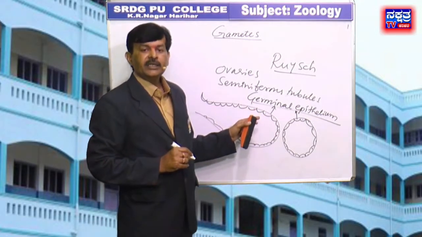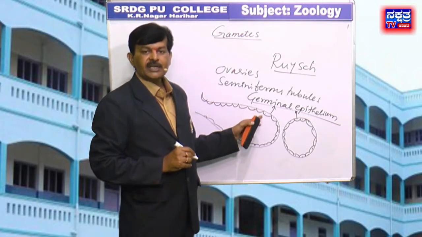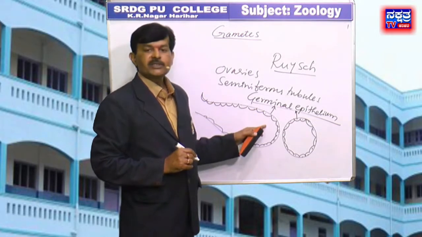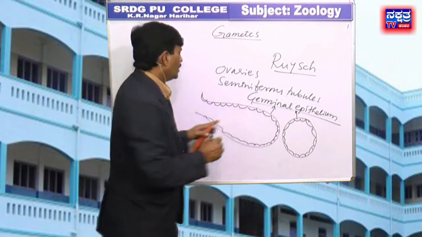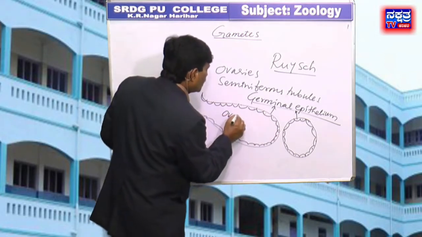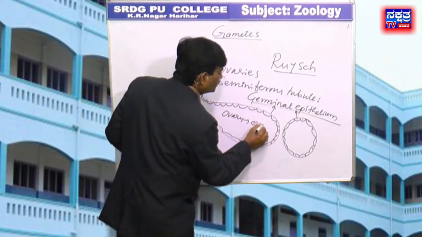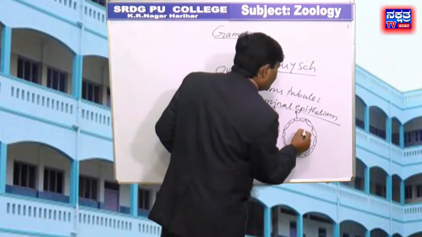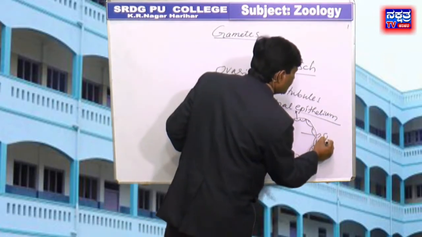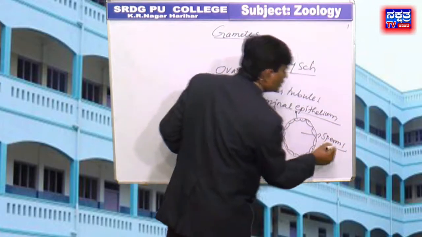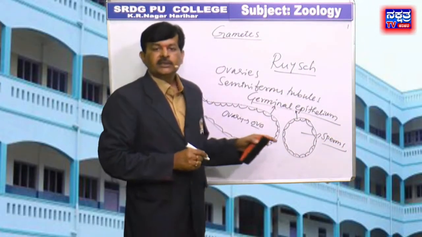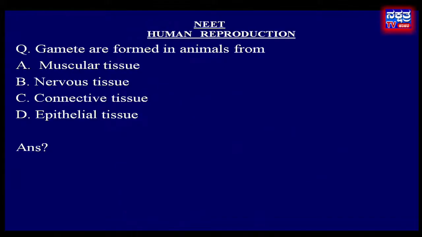Because these germinal epithelial cells produce gametes, like ovary produces ova. Similarly, seminiferous tubules produce the sperms or spermatozoa. Therefore, in the given option D, epithelial tissue is the right answer. Move to next question.